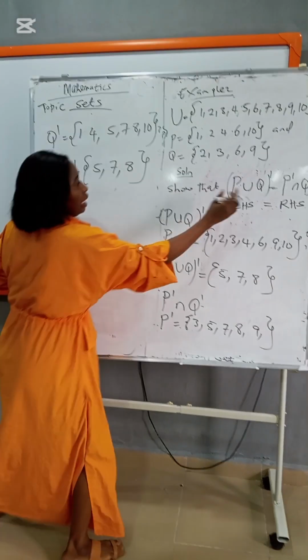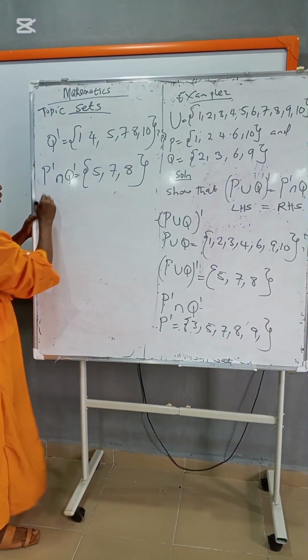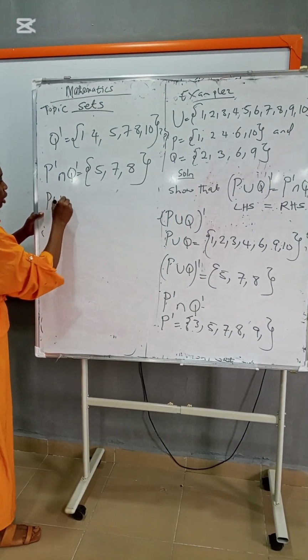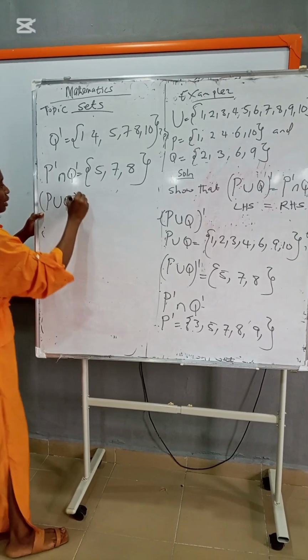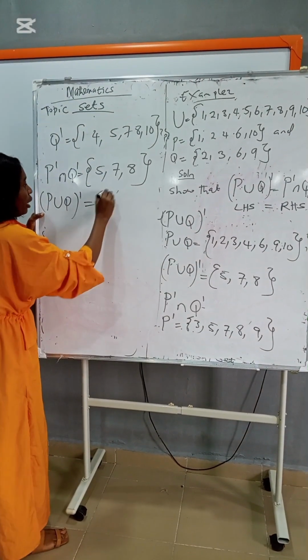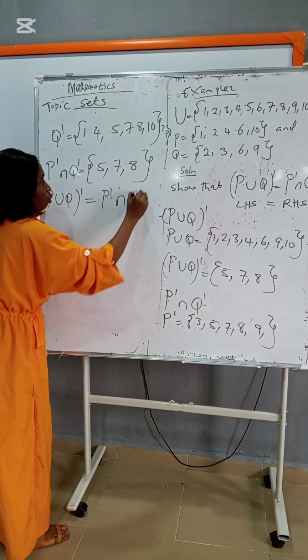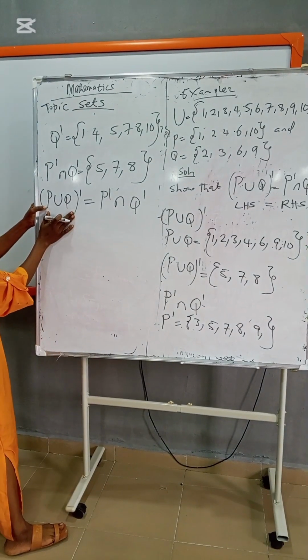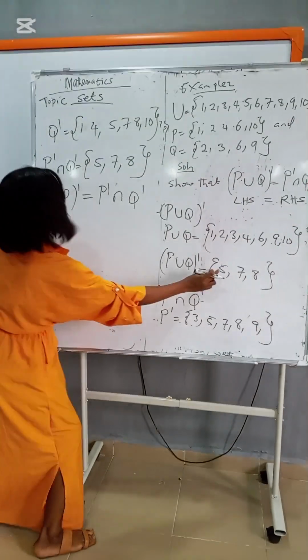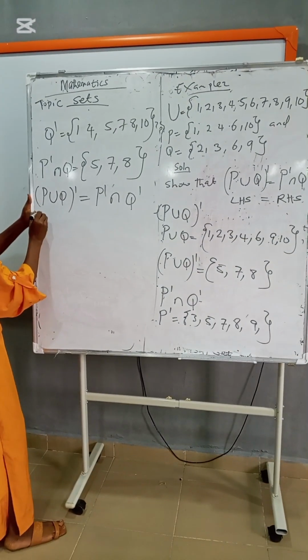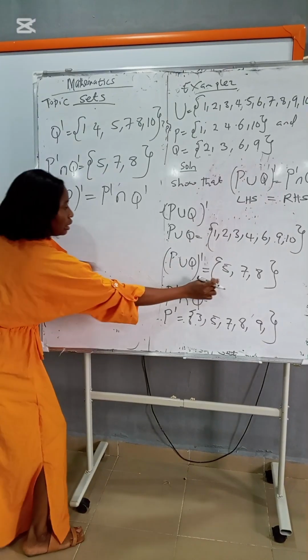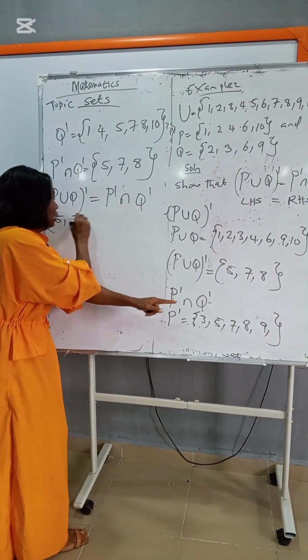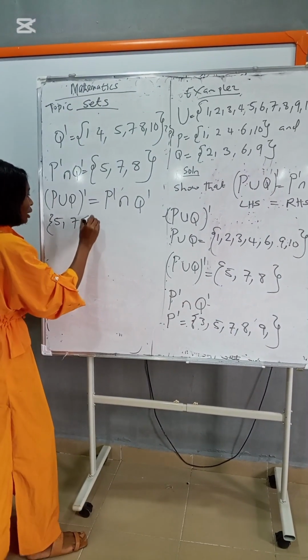So now they say that the left-hand side is the same thing as the right-hand side. So it's equals to P complement intersection Q complement. So what do we get for the answer of this? The answer is 5, 7, 8. Let's see.